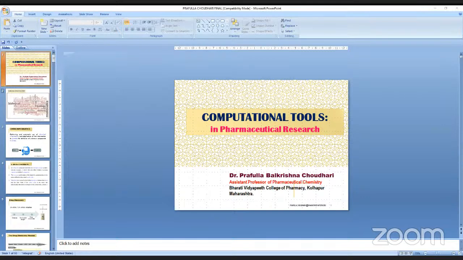So it leads to further optimization, it can minimize the overall human efforts and the cost, and the method becomes cost effective.